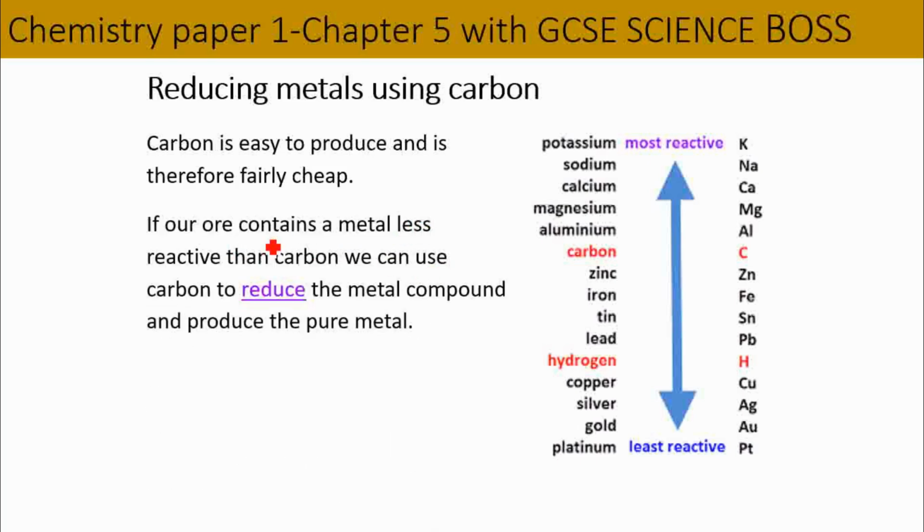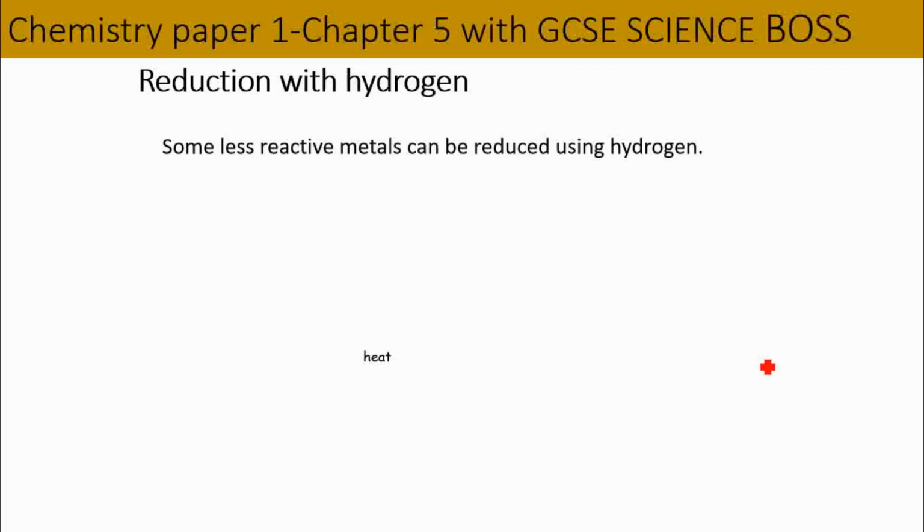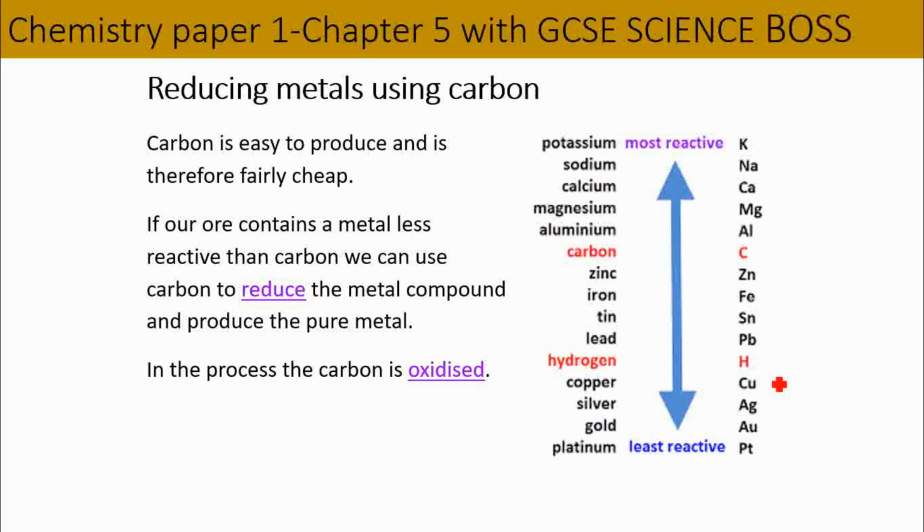And if our ore contains a metal less reactive than carbon, then we could carry out a reduction reaction, as we said here. So at the top, electrolysis. Below carbon, we can displace it or reduce it with carbon. And then in that process, the carbon is oxidized, okay? Also, we can carry out a reduction reaction with hydrogen. So for a metal less reactive than hydrogen, you can reduce them with hydrogen.